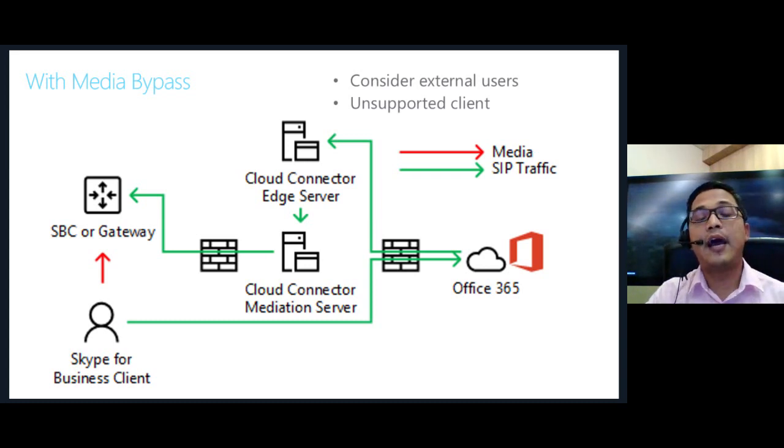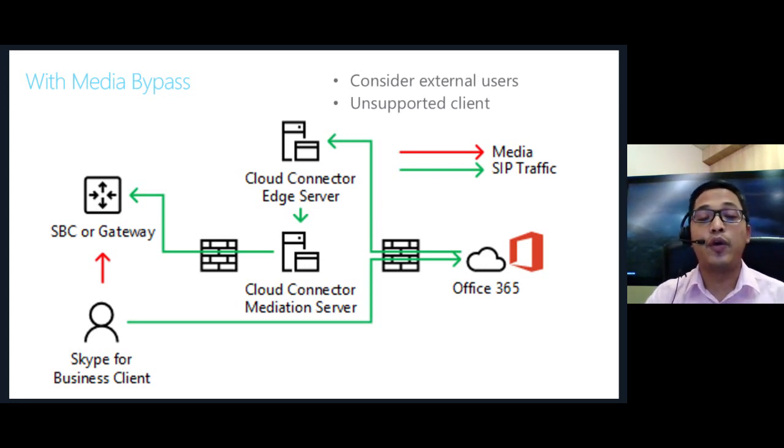And then media bypass, in fact, improves voice quality by reducing latency, also the translation, also packet loss, and the number of potential points of failure, because you are otherwise having a mediation server in between to talk to the SBC gateway. Also, scalability can be improved because it eliminates media processing for the bypassed call, and reduces the load on the mediation server tremendously.